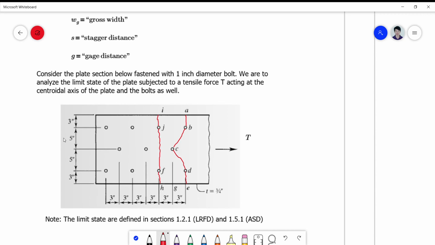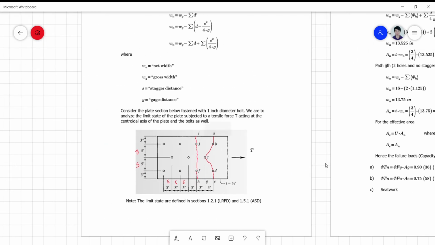Of course, you have to take a look that the gauge distances g are given, and the stagger distances s are also given in terms of the dimensions.